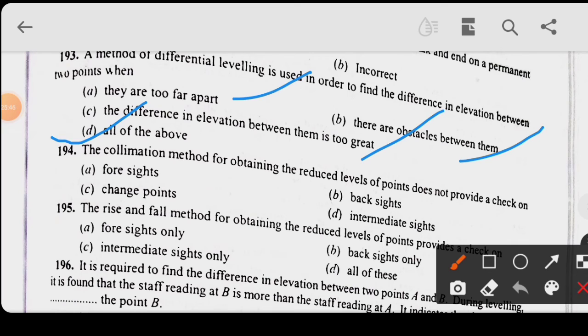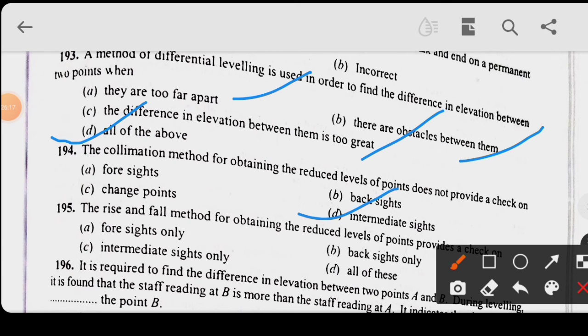Here all of these correct answer. Sorry, the numbering here went wrong. Look, 194 number question. The collimation method for obtaining the reduced levels of points does not provide a check on intermediate sides.